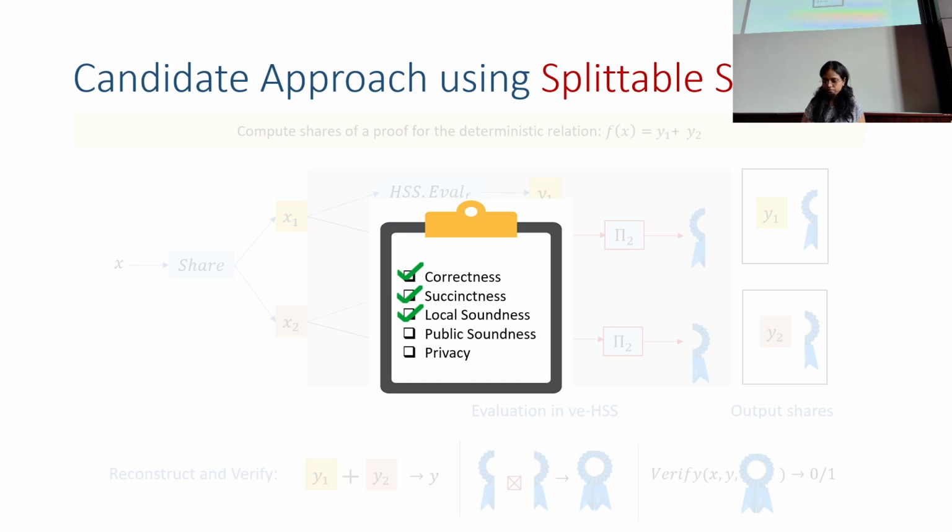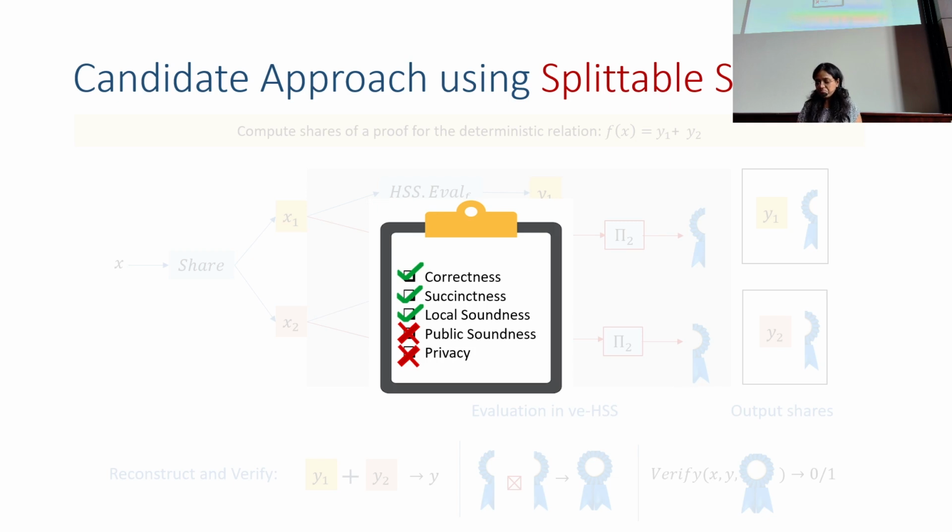But since this proof can only be verified by a client, because the verification algorithm takes the initial input X, or the initial secret X, as input, the scheme as it is does not achieve public soundness. Moreover, it's unclear if the scheme achieves privacy.